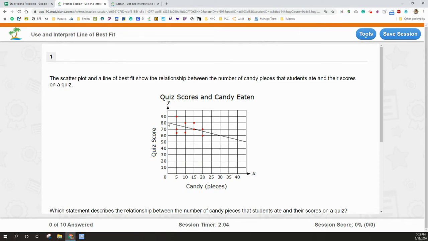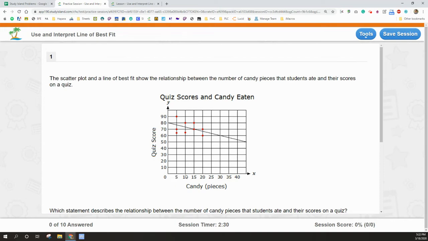If we go down one space, that corresponds with a decrease of 10 points for a quiz score, because every space here is worth 10 points. If while I go down one space, I go over 3 spaces on the x-axis to the right, that corresponds to an increase of 15 candy pieces, because each space is worth 5 candy pieces.